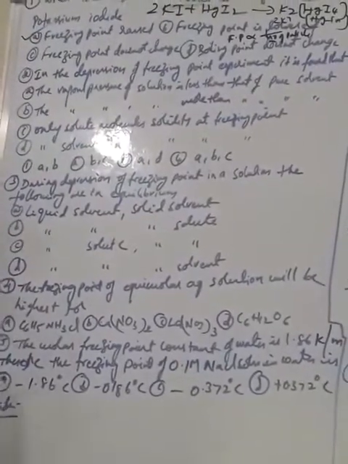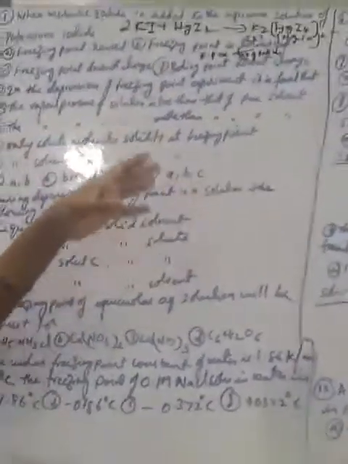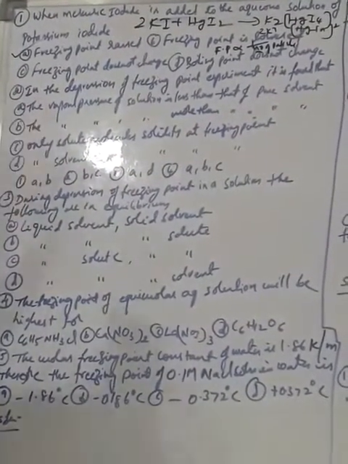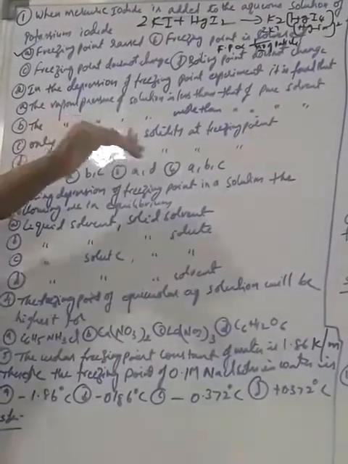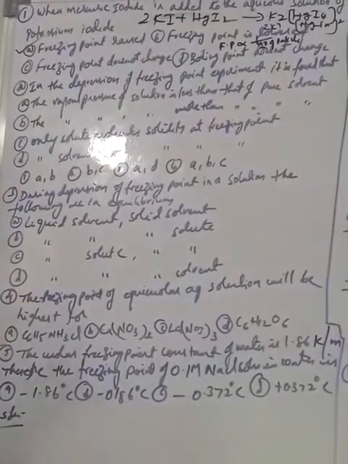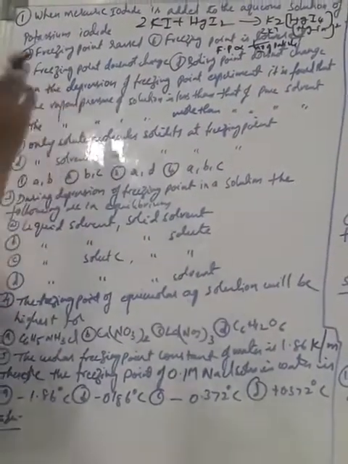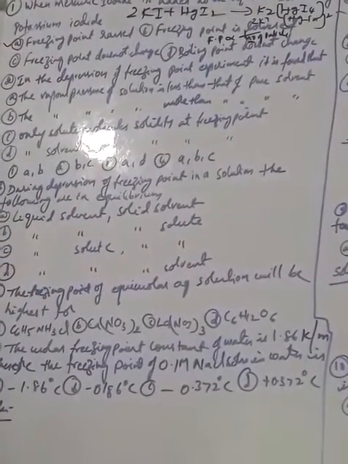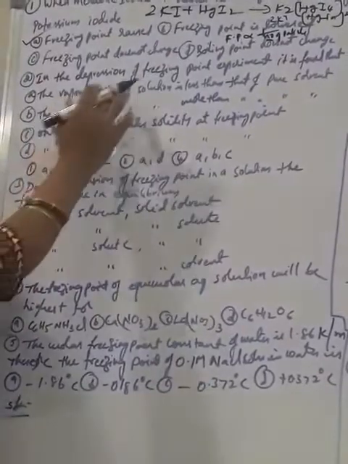Why? Because the solution contains non-volatile solute particles in it. So the solution's freezing point is always less than that of the pure solvent. Why? Because vapor pressure of the solution decreases with the addition of non-volatile solute.